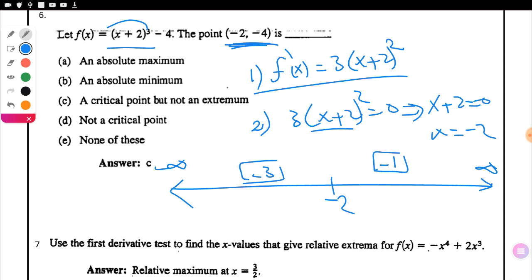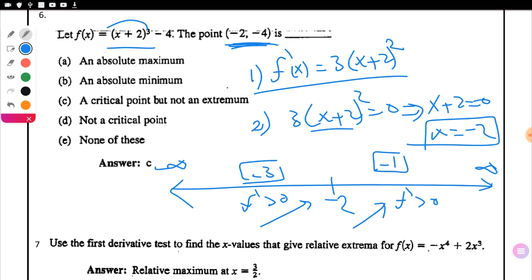Here it will be what? If you replace, it means greater than 0, increasing. If you replace also, it will be what? Greater than 0, increasing. So in this case, at negative 2, it is a critical number because it is the value of x at which the first derivative equals 0.